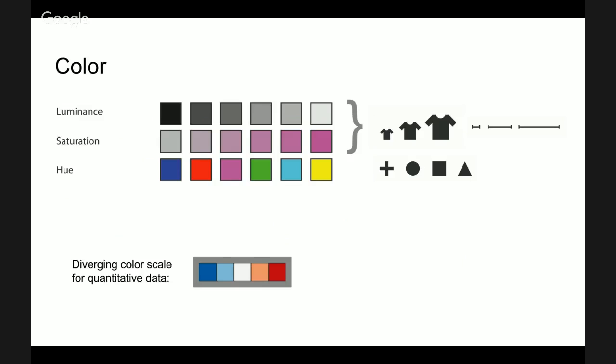One kind of exception to this is when you use two different hues, even for quantitative data, and that is something you could do when you have diverging data. So you have a 0 point, and then there's positive data and negative data, for example.